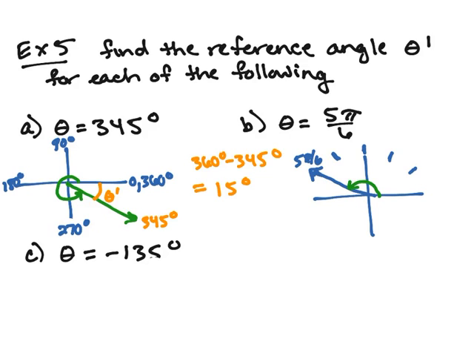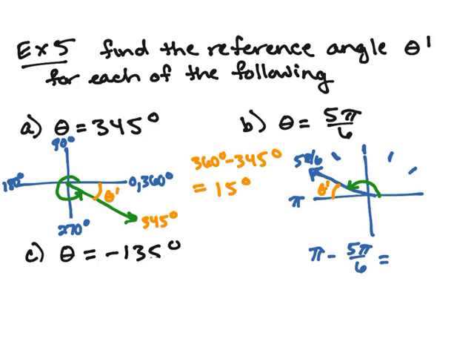My reference angle, though, is going to be between my terminal side and the x-axis. So this is pi. If I want to figure out my reference angle, it's going to be pi minus 5 pi over 6. Well, pi is the same thing as 6 pi over 6, right?